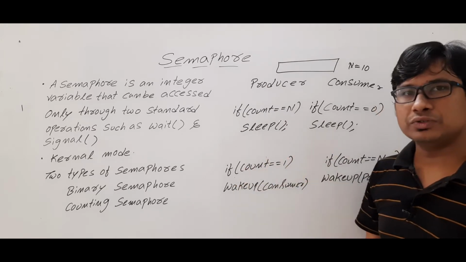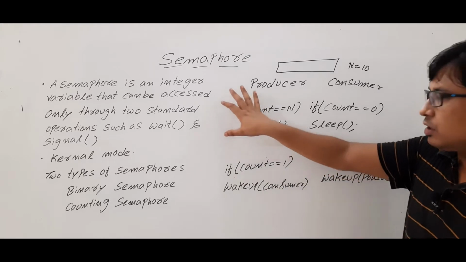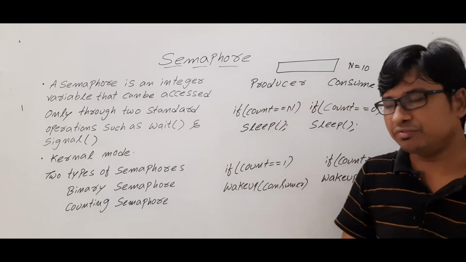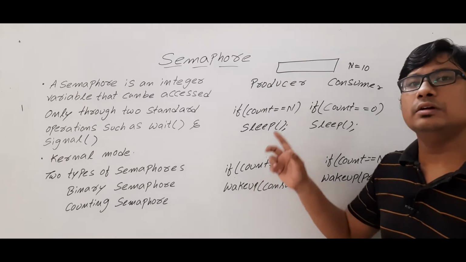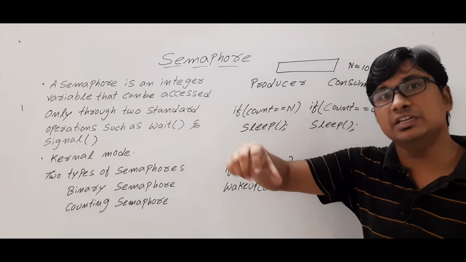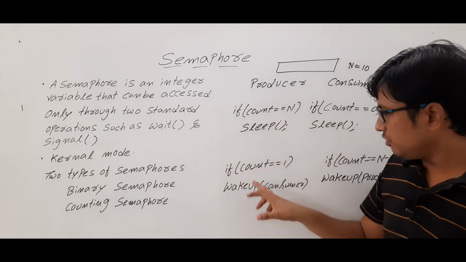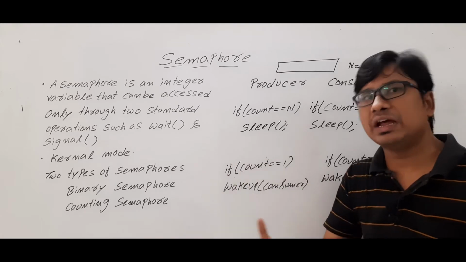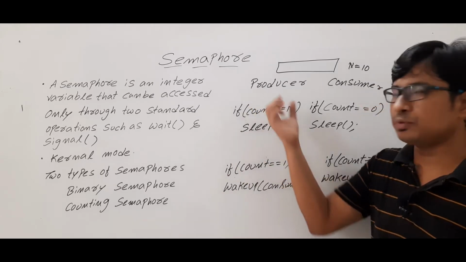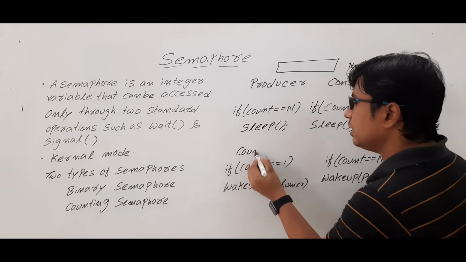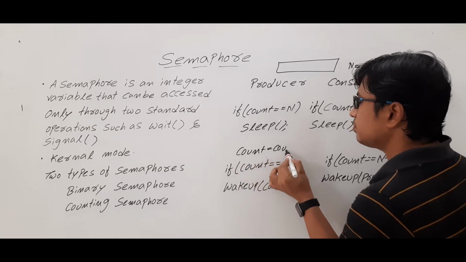If count is equal to 1, meaning there is one item in the buffer. Before that, what will be the count value? It will be 0, because whenever the producer is producing an item, he will increment the count value. He will do count is equal to count plus 1.